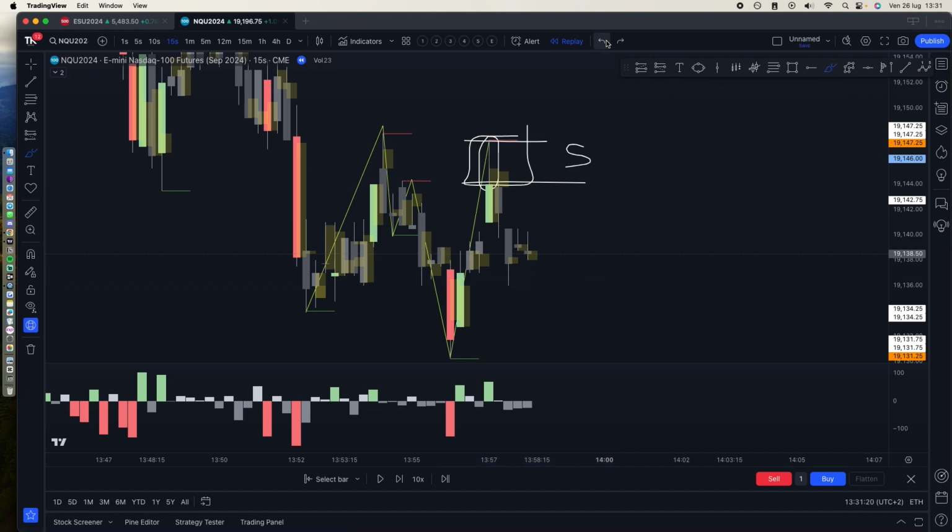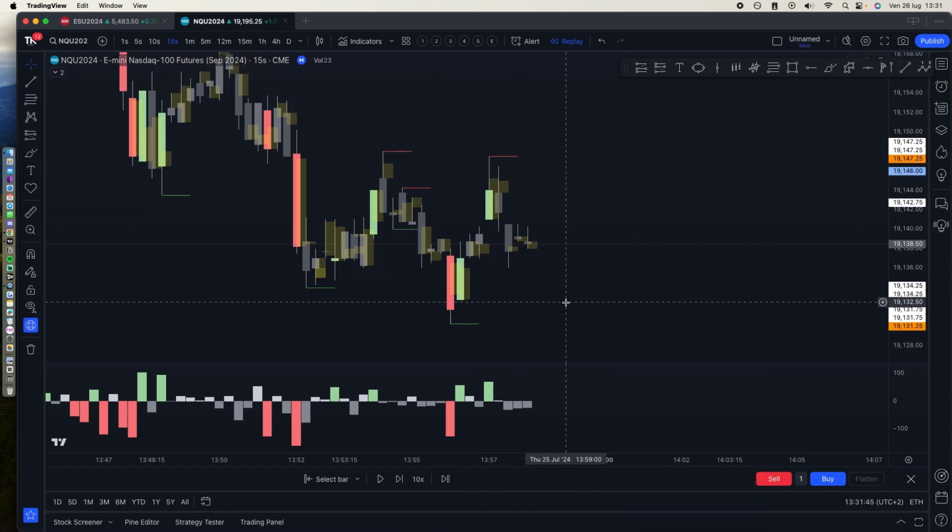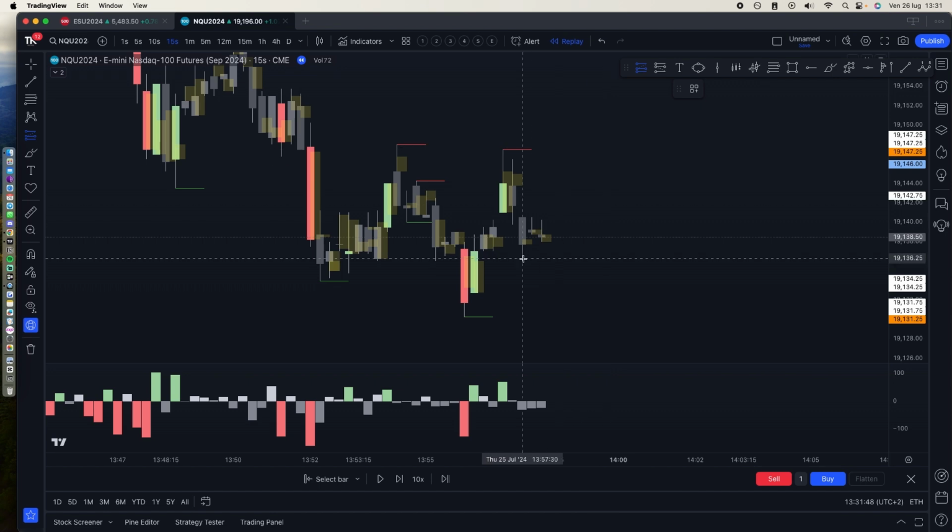So if we have the yellow box inside the wick, be very careful, because it means the candle that broke the valid high, like here, is not good. We have so much bearish pressure, so we wait for the price to reach the zone.